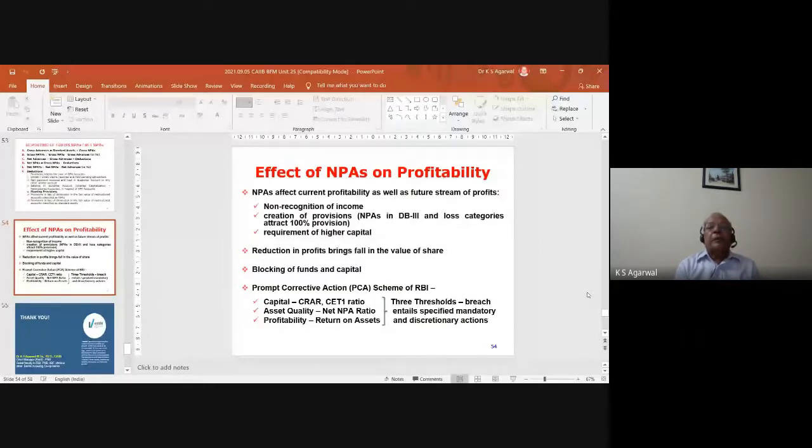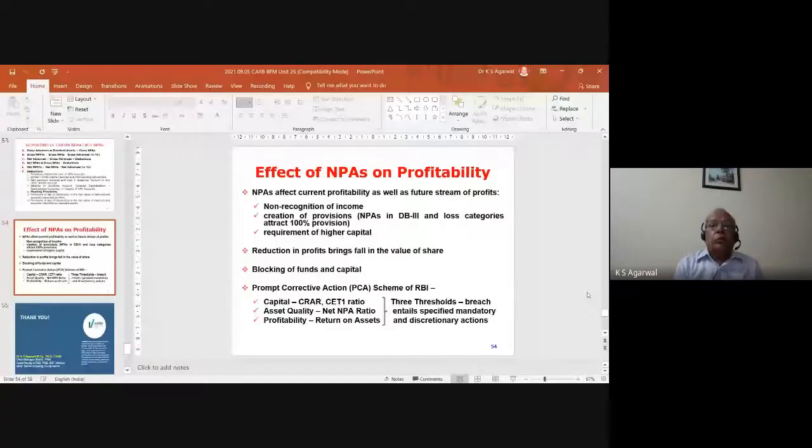So my NPAs are very important. I have to keep my NPAs within reasonable limits to escape from prompt corrective action of RBI.